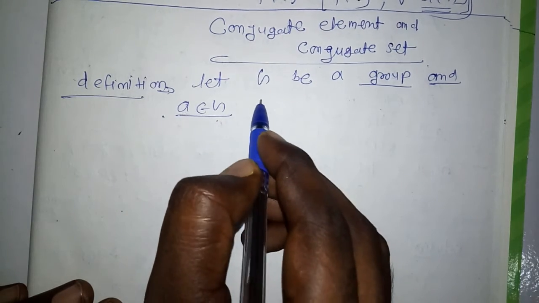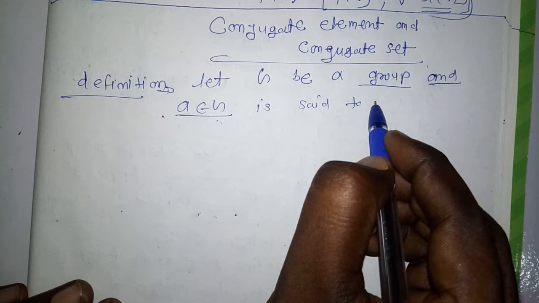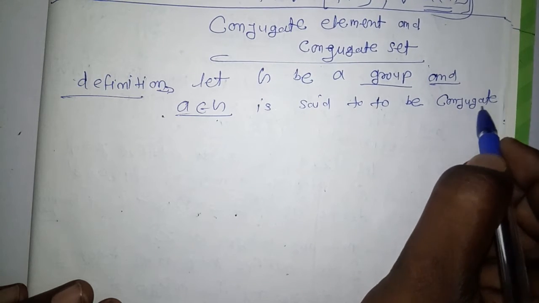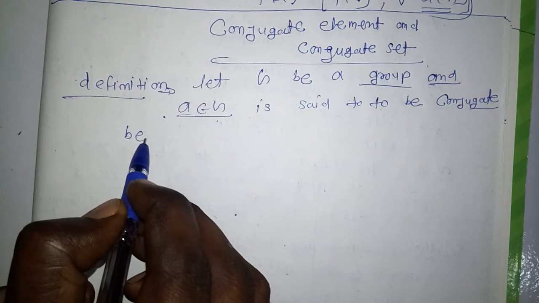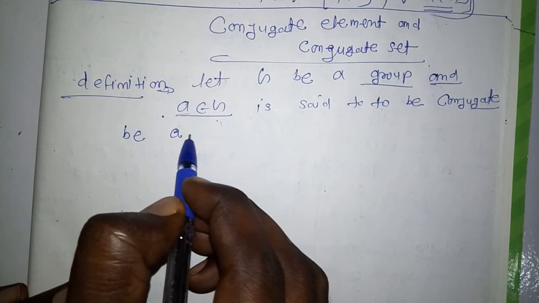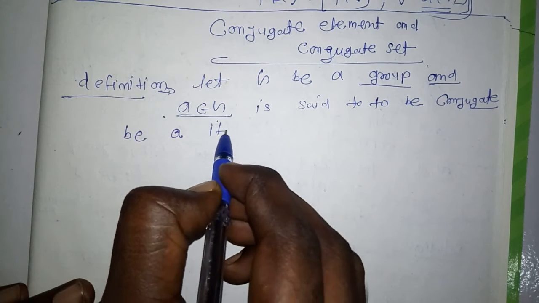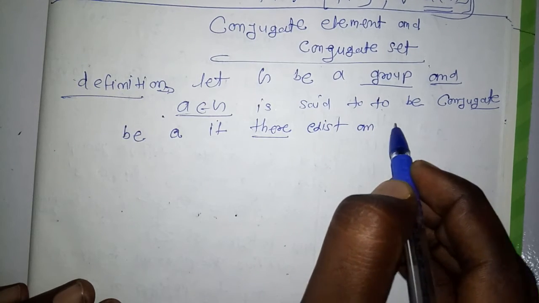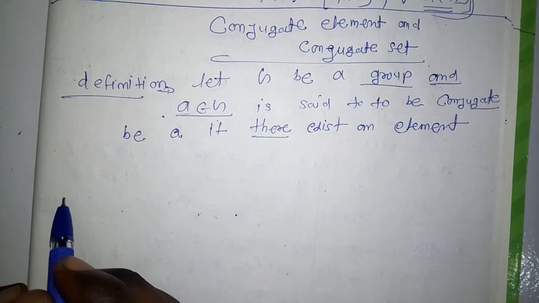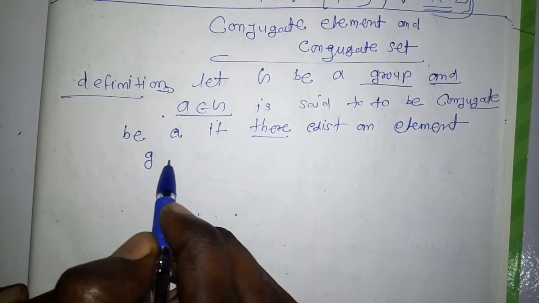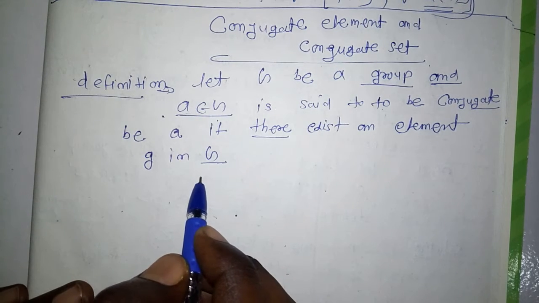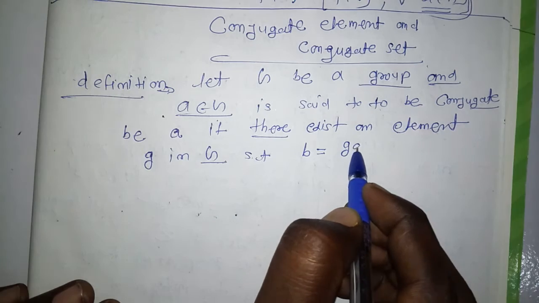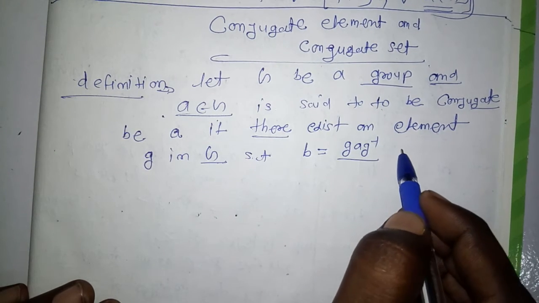A is said to be conjugate to B if there exists an element g in group G, students, such that B is equal to g A g inverse.